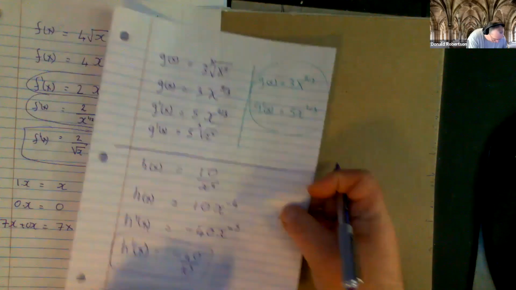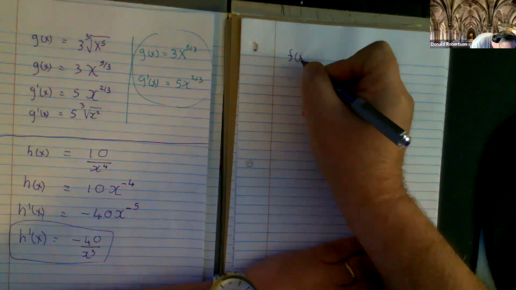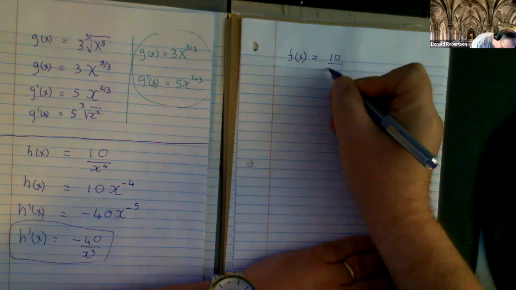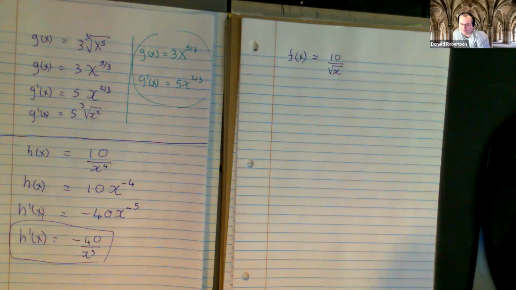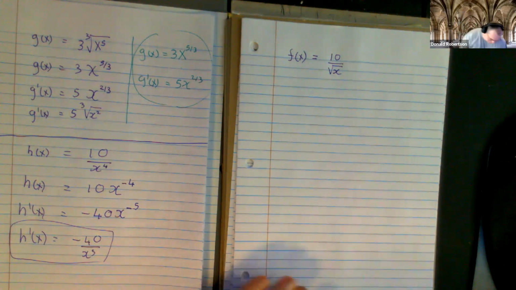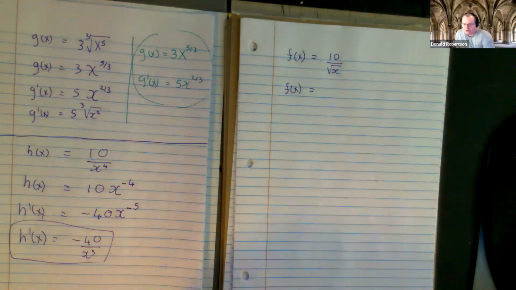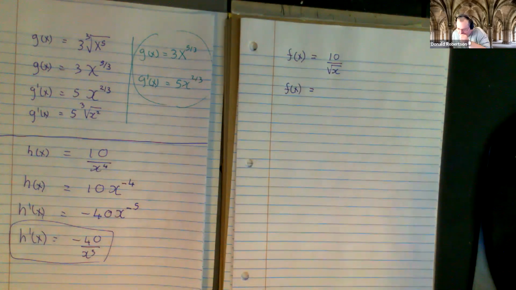How about this one? Last one. I want to differentiate that even uglier fraction. Can someone tell me what that would look like in a form that's going to allow me to use the power rule?